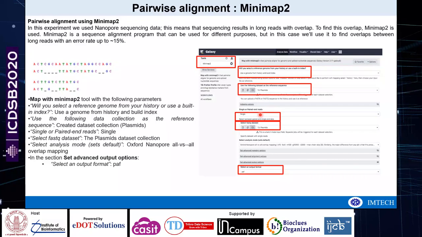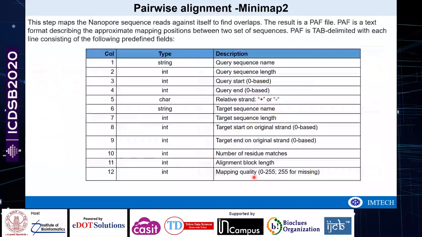According to your sample data, you have to choose these parameters according to your requirement, depending on what kind of sample you have. And here we are selecting the output format, PAF format. In PAF format, you get all of this description of your particular reads: the query name, query sequence length, your coordinates, relative strand, forward or negative, and the target sequence name, target sequence length, target start on the original strand, end on the original strand, and number of residue matches. All of this description you will get from the Minimap2 tool.